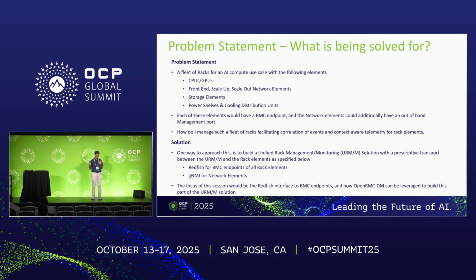So how do I manage such a fleet of racks to facilitate correlation of events, to be able to do context-aware telemetry and stuff? That is the overarching problem statement. Right now, you do have piecemeal solutions, like solutions that do network orchestration for orchestrating your network fabrics.